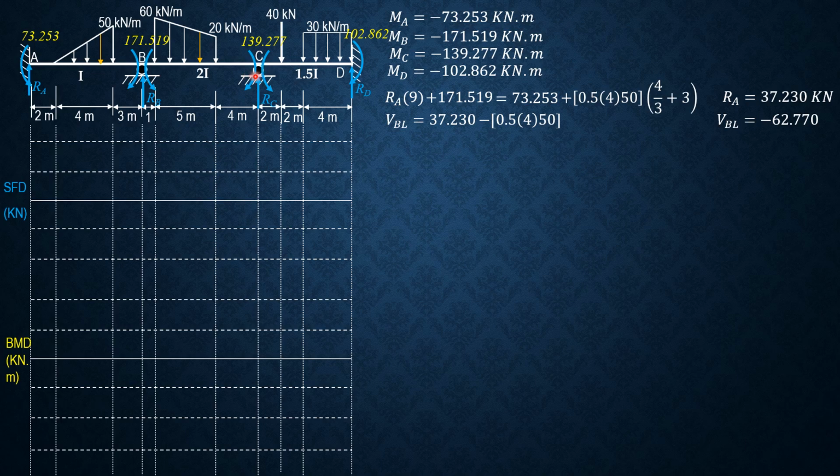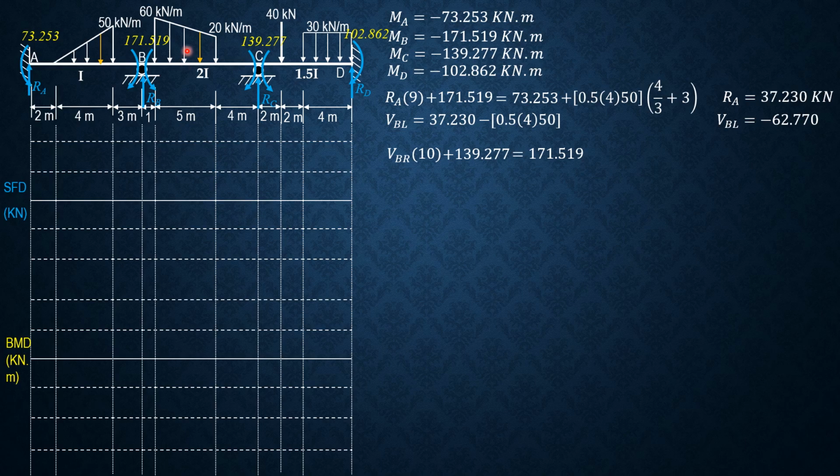For shear at B just to the right, let's consider BC. We sum up moment about C equals 0. So upward shear at B just to the right, upward positive, times 10, then plus 139.277 equals 171.519 plus the moment of the 20 uniform load. Let's divide this into rectangular and triangular load.